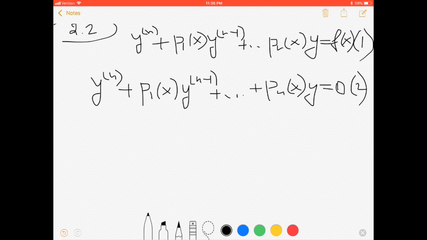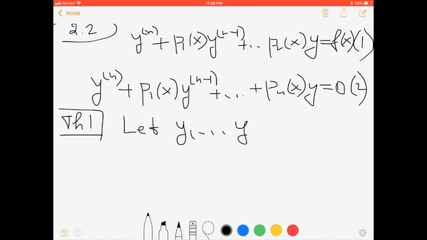And now we have a theorem. Theorem 1 tells us: let y1, ..., yn be n solutions of equation number 2, this means the homogeneous equation.